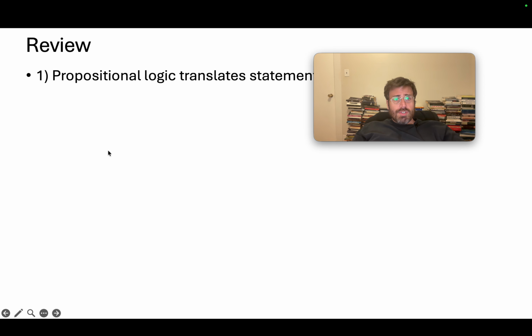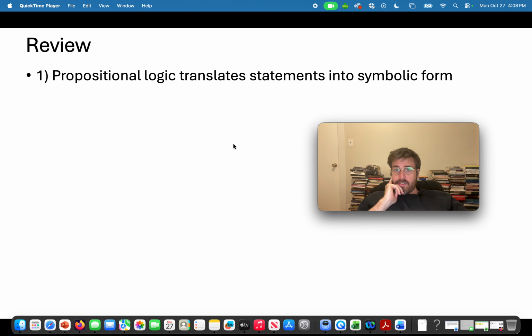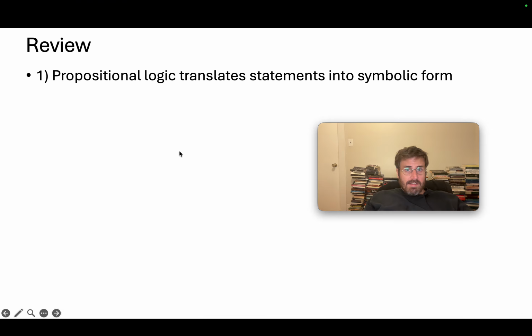All right, so just to review, first, propositional logic translates statements into symbolic form, right? That's really what we're up to. We're taking parts of the language and formalizing them into variables that are connected under the aspect of logical operators, right? The logical operators help us in bringing together parts of a complex sentence.